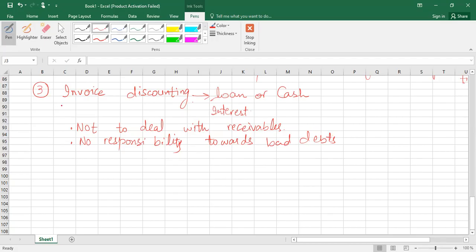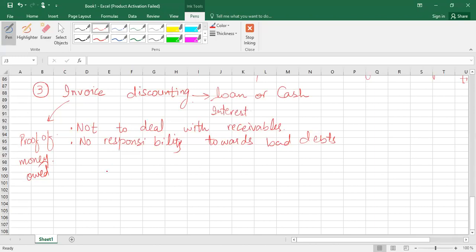The company needs to provide what? The company needs to provide proof of money owed. They need to give proof that they are expected to receive this amount in 2 months' time, 3 months' time. Basically, invoice discounting is not for everyone.